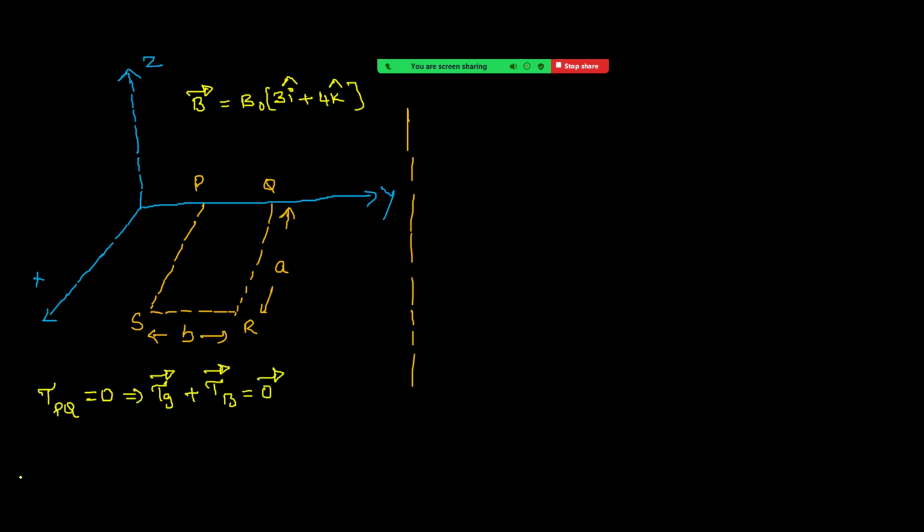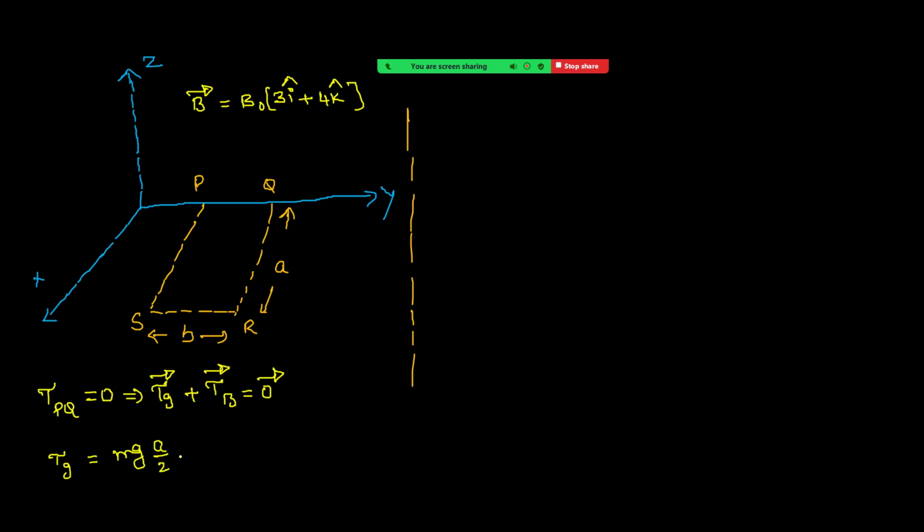Now see carefully. Because of the gravitational force, there will be a torque. mg is vertically downwards. That means according to the diagram, mg will be along the negative z axis. Okay, xy is a horizontal plane, z is upwards and mg is downwards. So mg into the perpendicular distance, that is equal to a by 2.